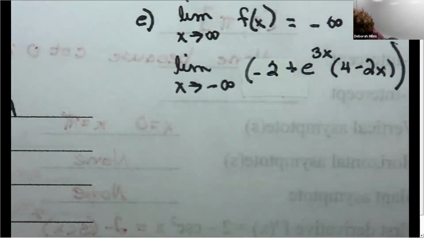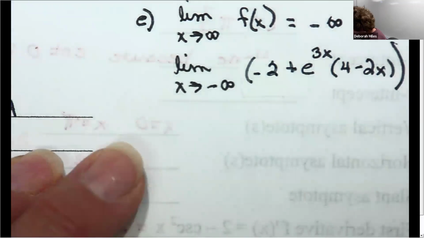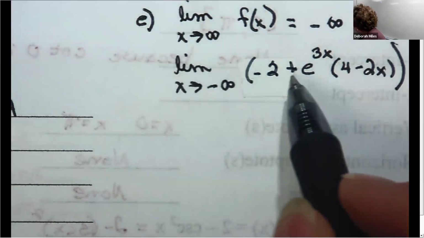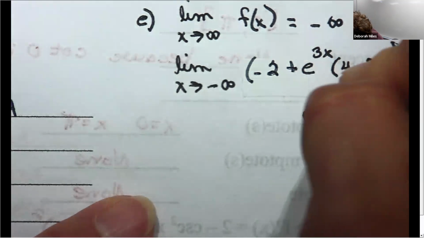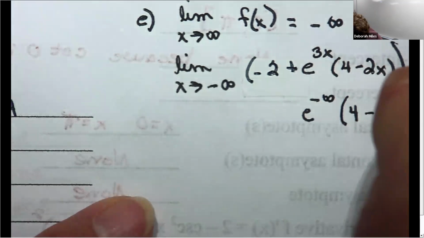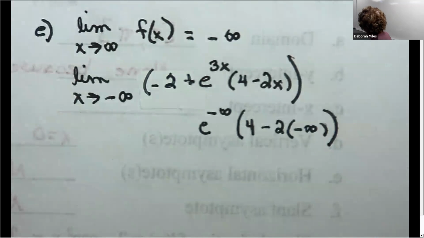If x is going to negative infinity, then the -2 plus still wouldn't make any difference, so let's just look at e to the negative infinity times 4 minus 2 times negative infinity. What does e to the negative infinity go to?